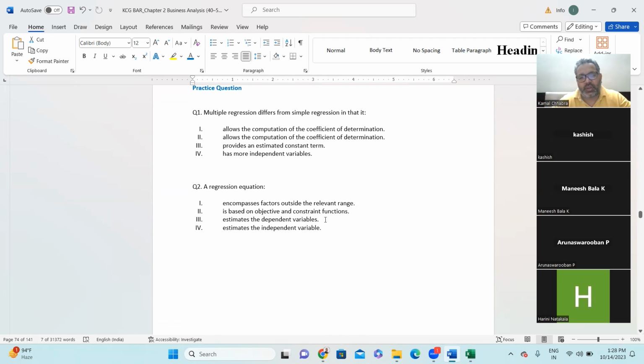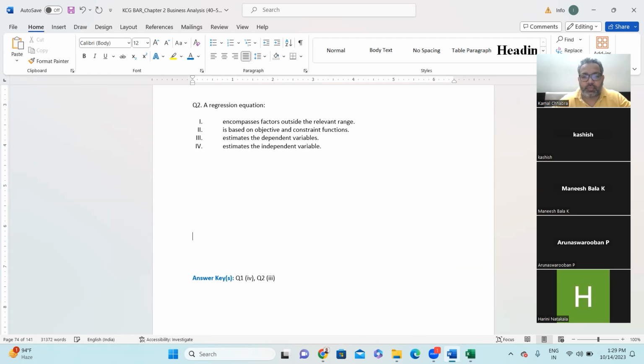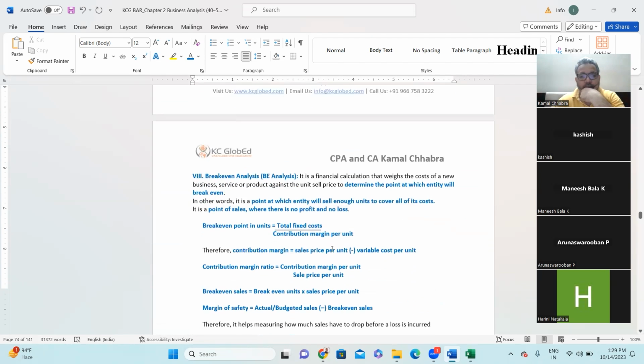Estimate the dependent variable. That's what regression analysis does. Right, so the third option is the correct option. Everyone? Yes, sir. Any doubt? Clear, easy. Right. Everyone comfortable?